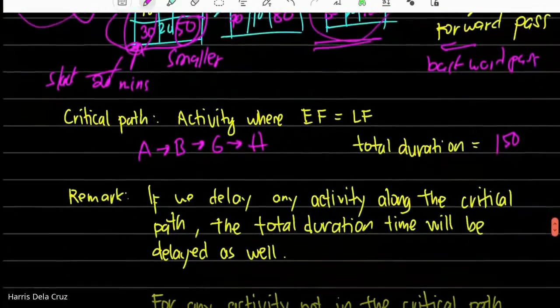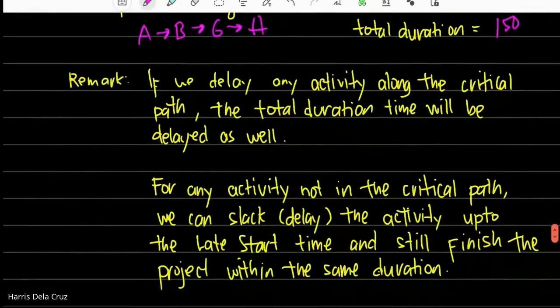Okay? So again, ang maganda sa determining the critical path is you can always determine which path you want to focus on kasi siya yung nagbibigay sa'yo ng longest path. Which in turns give you the minimum number of time or days or minutes, kung ano man yung unit of time mo, to finish the entire project. So for any activity not in the critical path, you can have a slack.